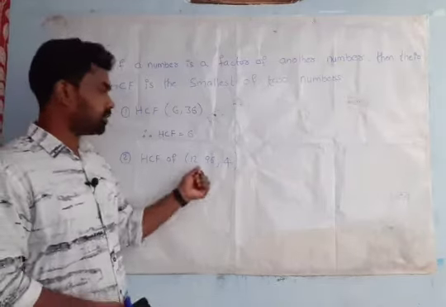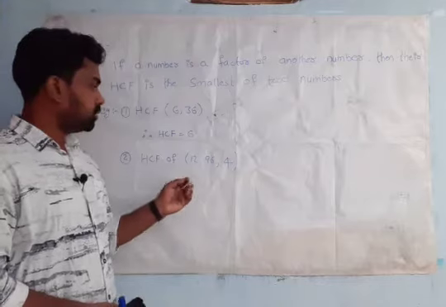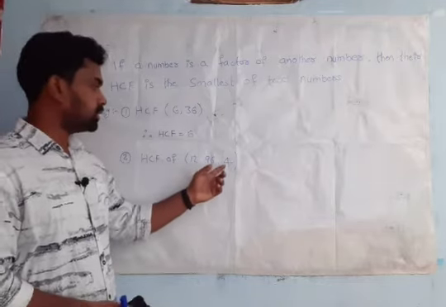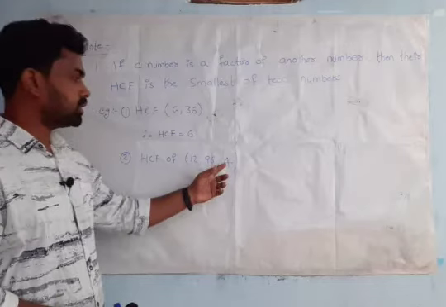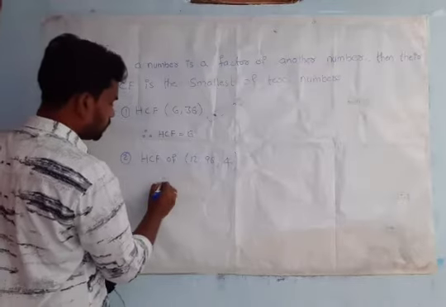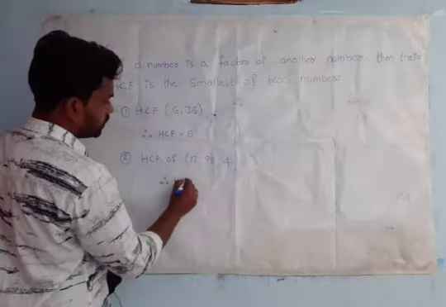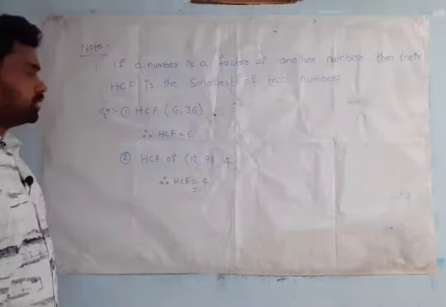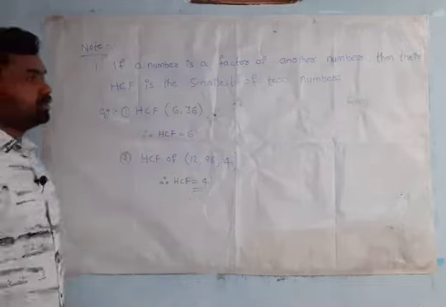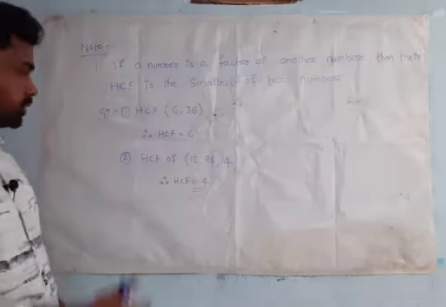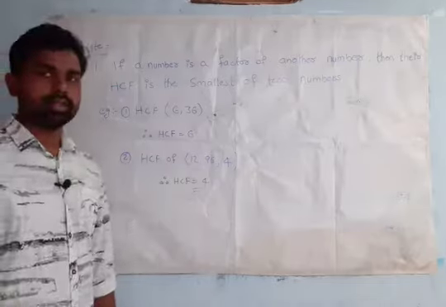Now 4 is a factor of all these numbers, and it is the smallest number. So HCF equals 4. By using this rule, we can write the HCF very easily without doing that process. Okay, copy it fast.